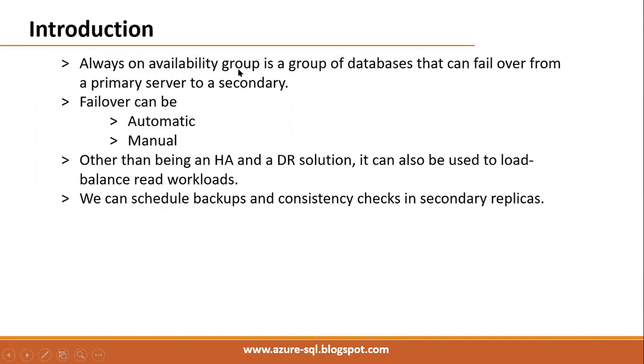An Always On availability group is a group of databases that can fail over from your primary server to a secondary. What we are doing is creating one availability group. In that availability group, we add the databases on which we need to implement mirroring or Always On.